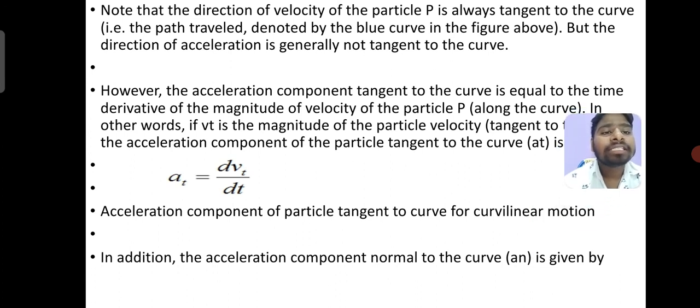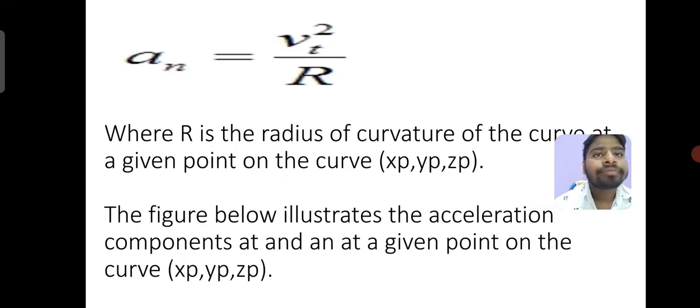In addition, the acceleration component normal to the curve, an, is given by an equal to v square t by r, where r is the radius of curvature of the curve at a given point on the curve xp, yp, zp. These xp, yp, zp are the given points. The figure below illustrates the acceleration components at and an at a given point on the curve.